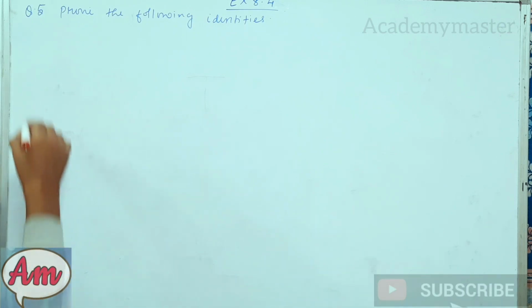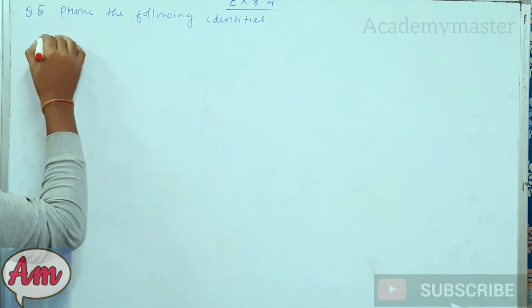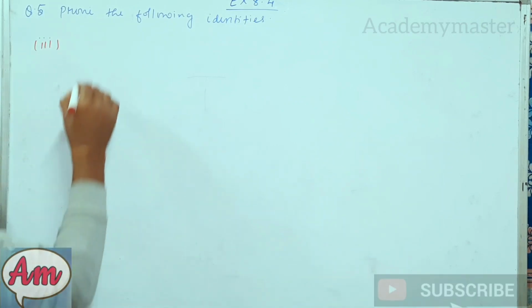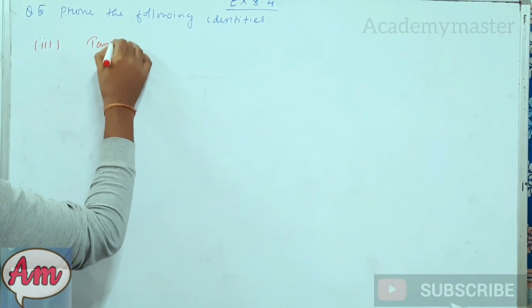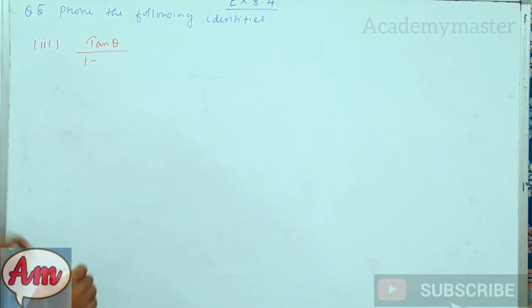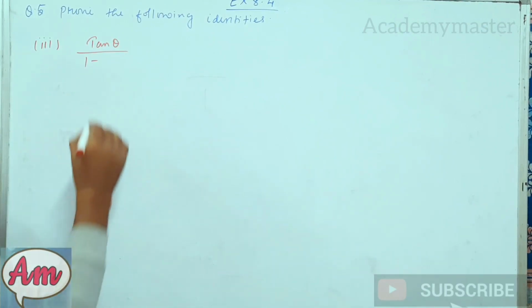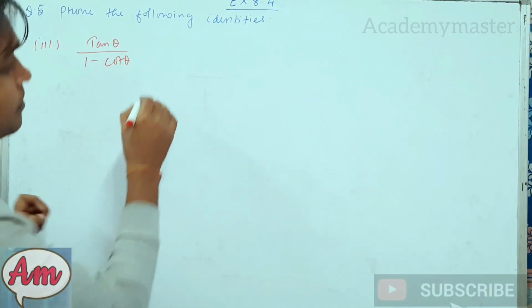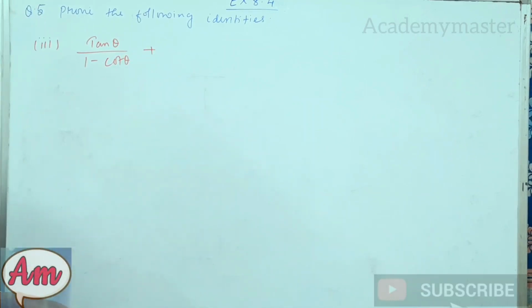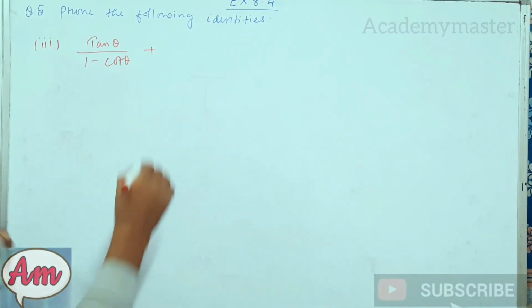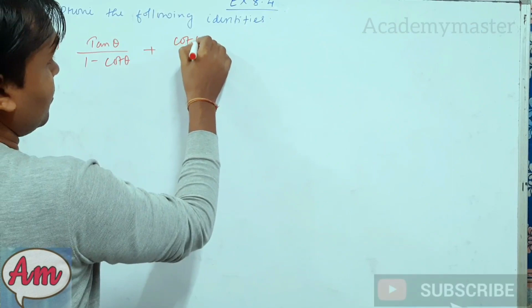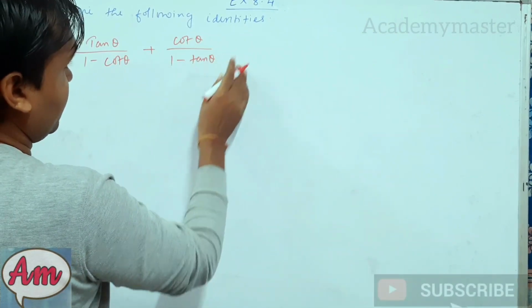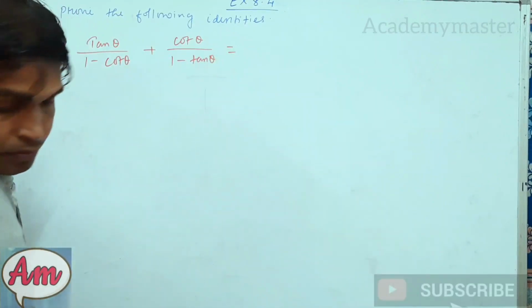Okay, so question number 3, let's see what it is. In question number 3 it is said: tan theta by 1 minus cot theta, plus cot theta by 1 plus tan theta, equals what we have to prove?